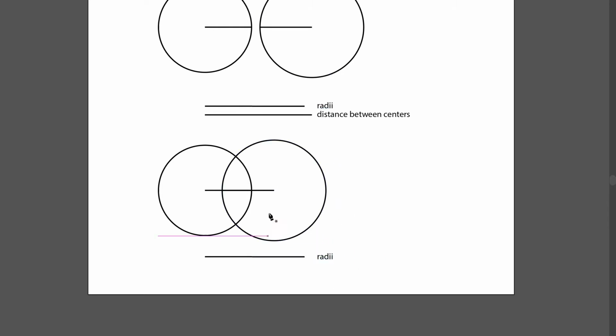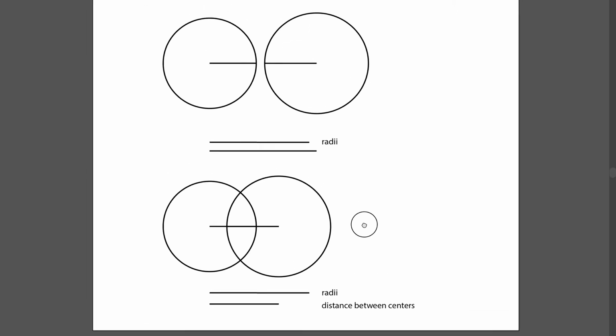And now the distance between the centers, I'm just drawing a line right there. Whoops, I think it was not parallel, so let me fix it. Okay, so now you can see the distance between the centers is smaller than the sum of the radii, and this is intersecting. So this is the kind of math that we're going to do to see if they're actually intersecting.